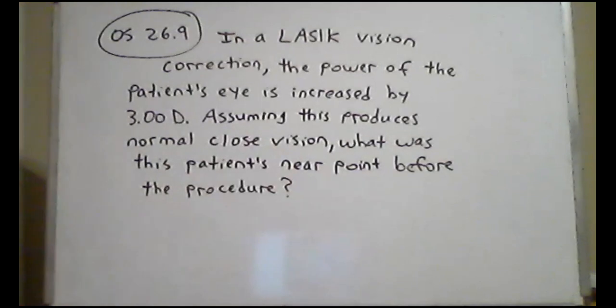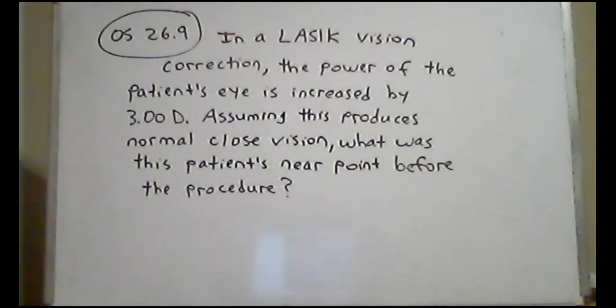All right, in a LASIK vision correction, the power of the patient's eye is increased by 3.00 diopters over what it was before. Assuming this produces normal close vision, what was this patient's near point before the procedure?